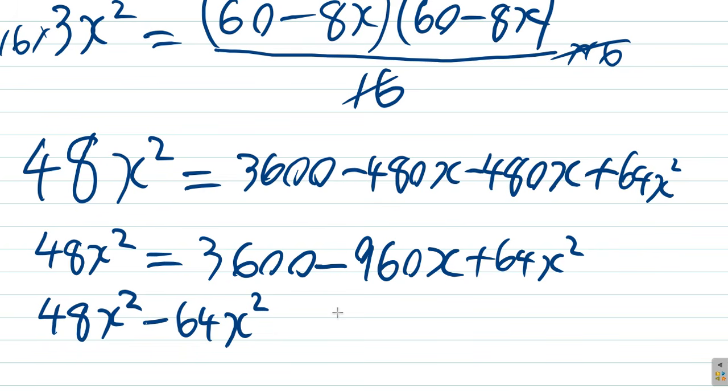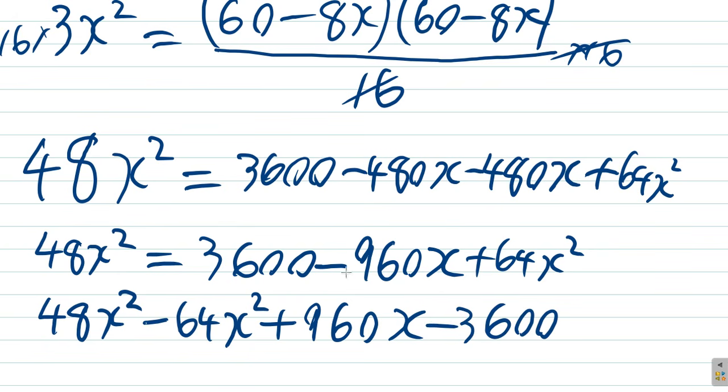The x parts now. What you would have to do is add 960 to both sides. So if you have negative 960x, you add 960x to both sides, it will disappear from the right hand side and go as plus 960x on the left. Alright? Then you subtract 3600 from both sides. You minus 3600 from the left, and it will minus itself from the right.